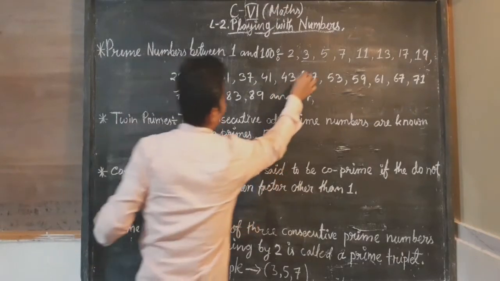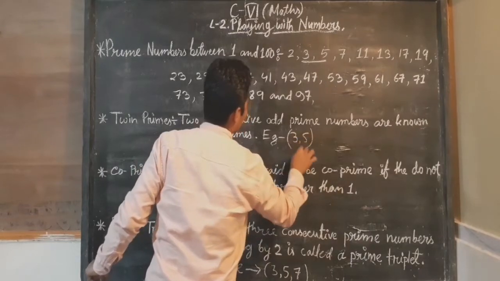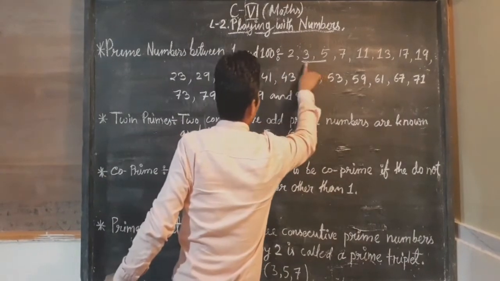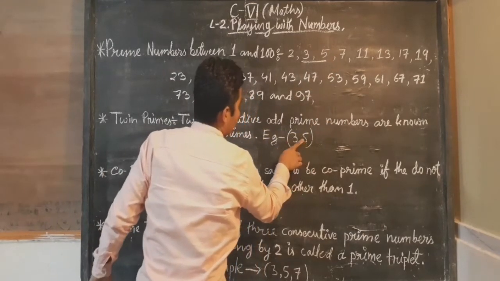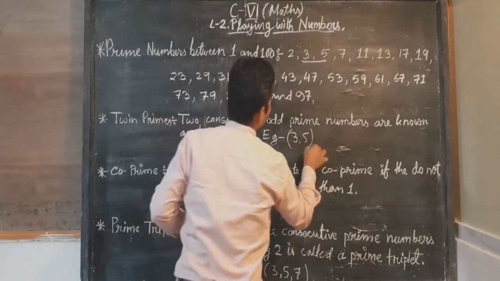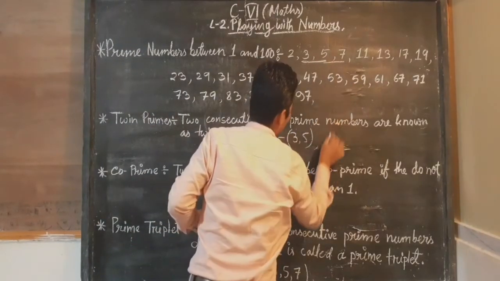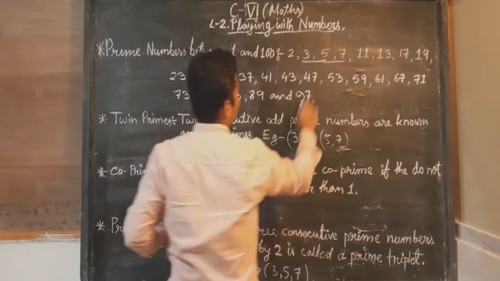So the first pair of twin primes is 3 and 5. These 2 are consecutive odd prime numbers. You can see 3 is odd and 5 is odd. That is why 3 and 5 are twin primes. Next we get 5 and 7; these 2 are also twin primes.